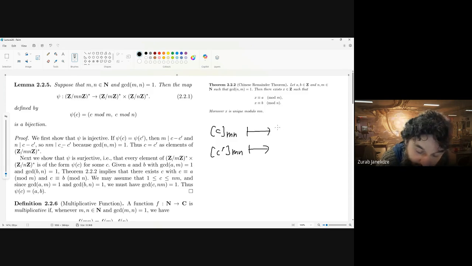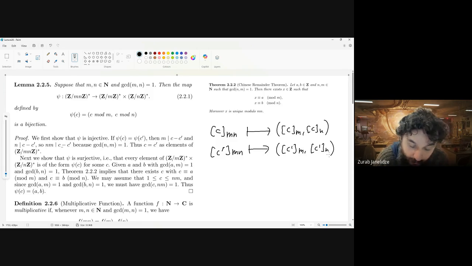When we map them by psi, in the first case we get the ordered pair: equivalence class of c for the m relation and equivalence class of c for the n relation. And the second one gives the ordered pair: equivalence class of c prime for the m relation and equivalence class of c prime for the n relation. We assume these are equal to each other. We are proving injectivity, right? So mapping two things to the same spot should force them to be the same as well. So we assume they're equal, and that would mean that they're equal coordinate-wise, right?